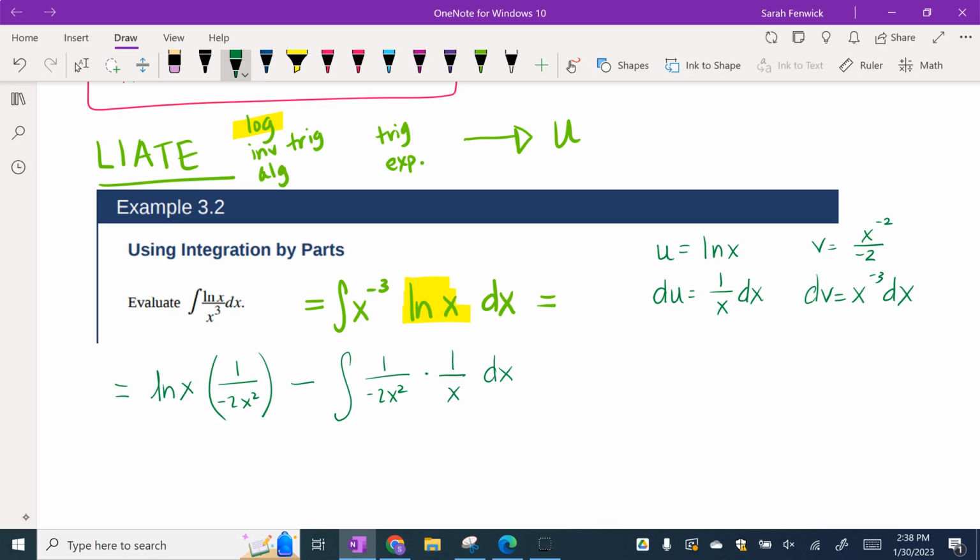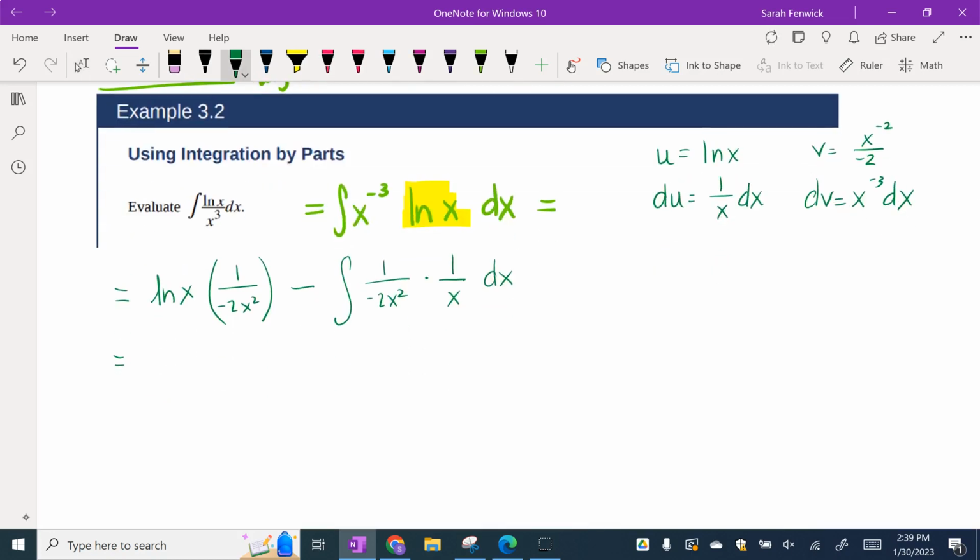If I keep going here, I can just rewrite this one as ln x over negative 2x squared. If I pull out my negative 1/2 here, it makes this a plus. 1 over x squared times 1 over x is 1 over x to the third, which we already told ourselves earlier was x to the negative 3.